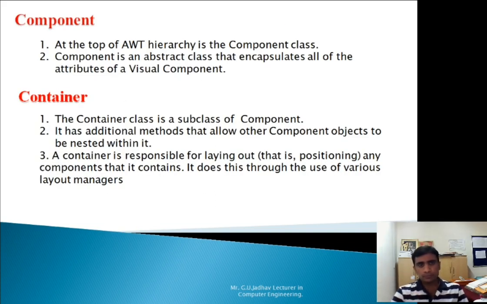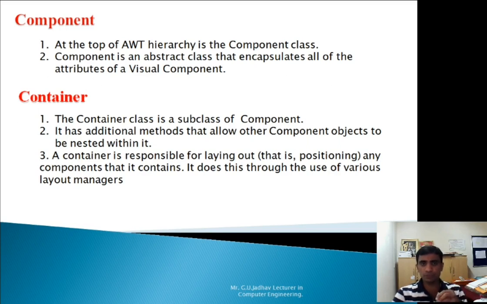Now in the diagram, at the top of the AWT hierarchy is the Component class, and that Component class is derived from the Object class. So at the top of AWT we have the Object class, then the Component class. Now the Component class is an abstract class that encapsulates all of the attributes of visual components.